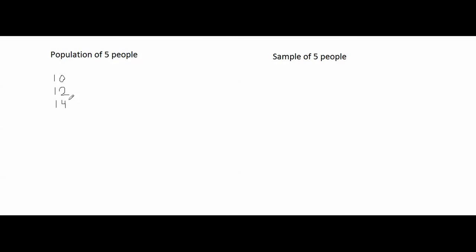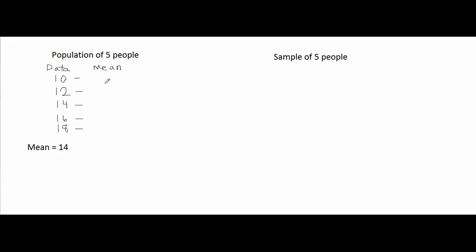I'm going to pause this video while I calculate the deviations and squared deviations. And then I'll start the video again. Actually, I think I will go through all the steps with you just so you have a chance to see it again. So here I have a population of 5 people.